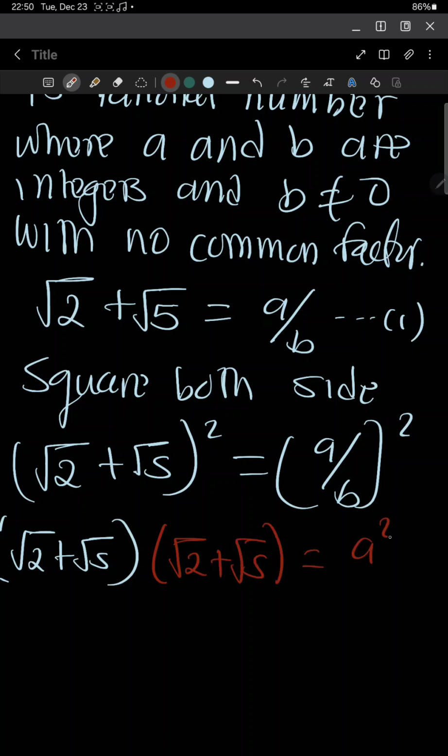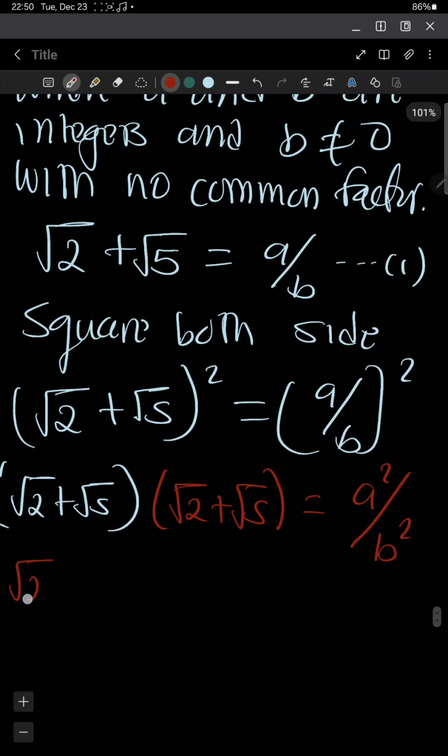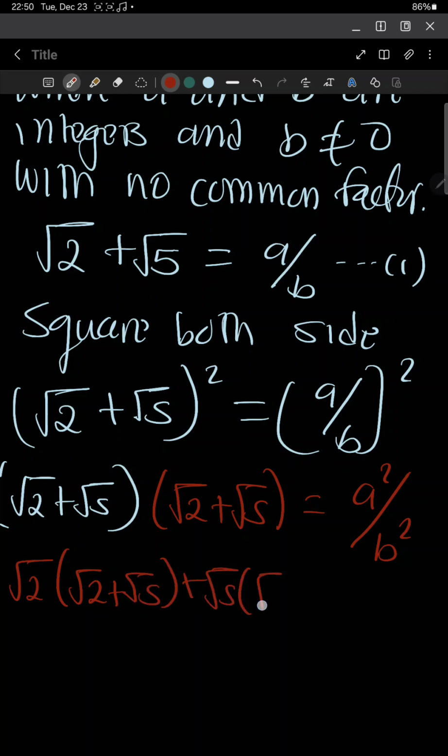So here we have A square over B square. After that, simplify: square root of 2 plus square root of 5, times square root of 2 plus square root of 5, equal to A square over B square.